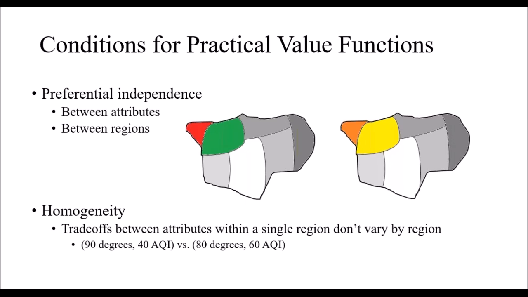And if these conditions are violated, that certainly doesn't mean that you can't develop a value function, assess it, and implement it for this problem. It just means that the form of the value function is going to be a little more complicated and you'll have to do a little bit more assessment. So for the homogeneity condition, you might have to assess trade-offs separately for the city regions and the wilderness region.